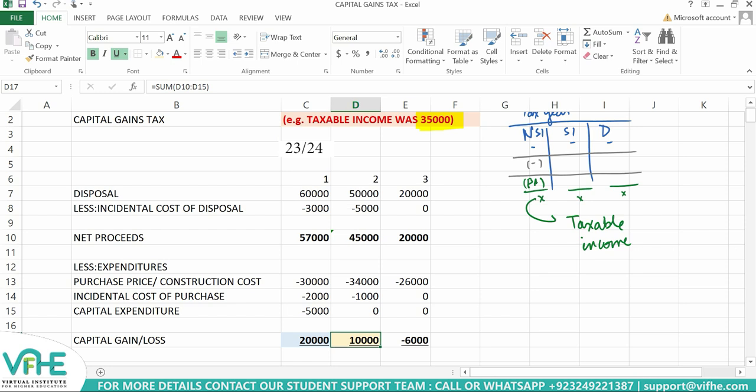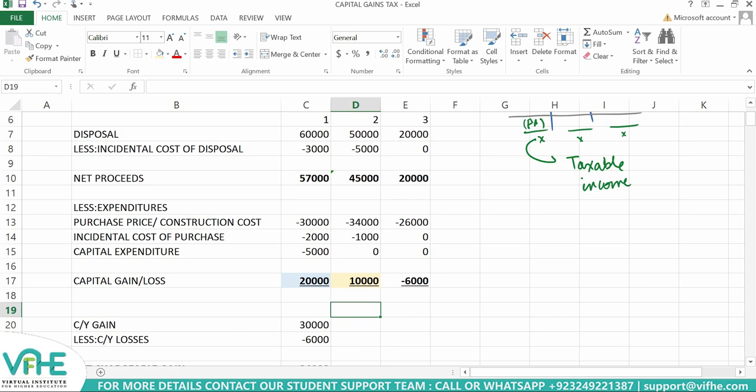So first of all, I'm just going to add up the gains related to the disposal of multiple assets. So it's £20,000 plus £10,000. Overall gain figure is £30,000, and then I need to see if there is a disposal of any asset at a loss, which you can easily see, there is an asset sold for a loss of £6,000. Now I am going to net off the gains and losses with each other.